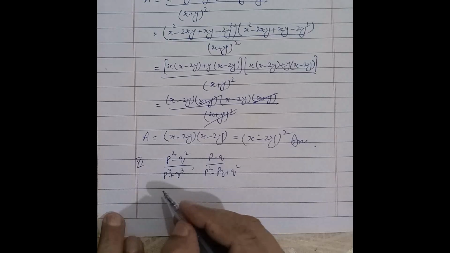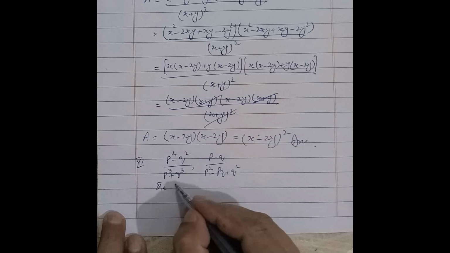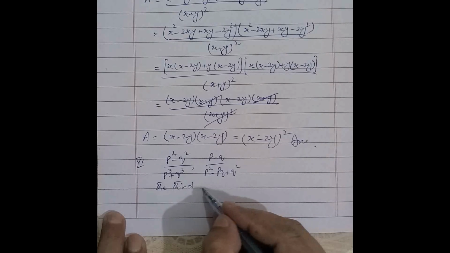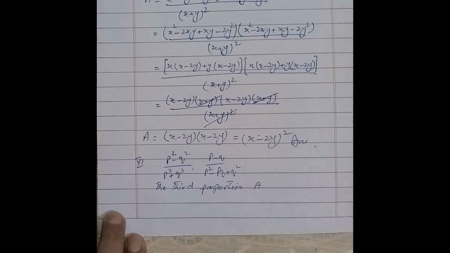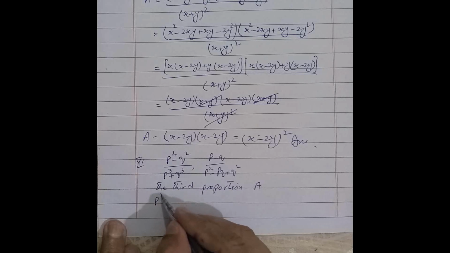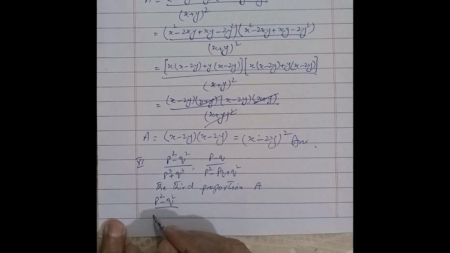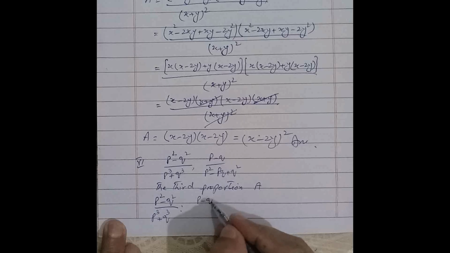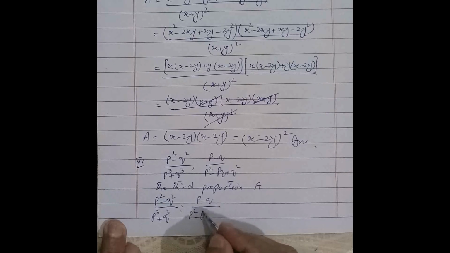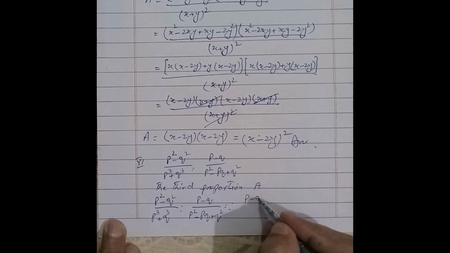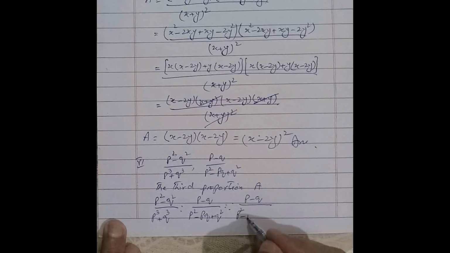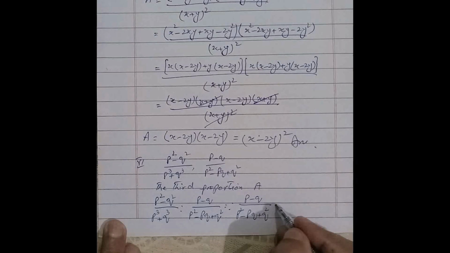In this question, the third proportion is a, and we write in the proportion form: (p² − q²) over (p³ + q³) ratio (p − q) over (p² − pq + q²), and proportion (p − q) over (p² − pq + q²) ratio a.